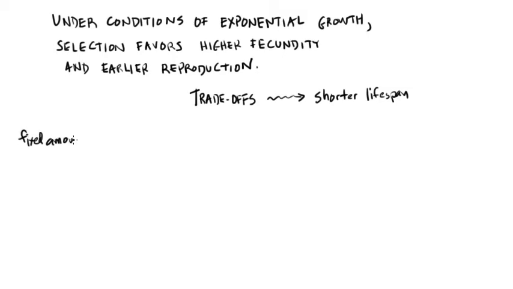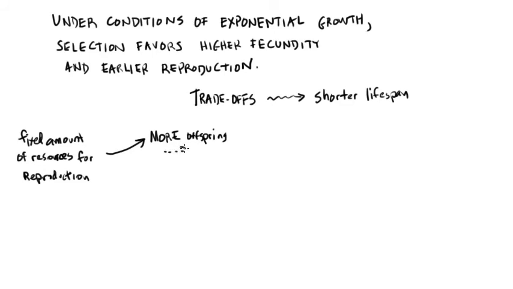Now, given that a female is going to allocate X amount of resources to reproduction, she still has leeway into how that allocation is going to be spent. Specifically, she can increase offspring number, but that will mean that the size of the offspring would have to decrease. Alternatively, she can opt for bigger offspring, but that's going to mean that she'll have to make fewer of them.